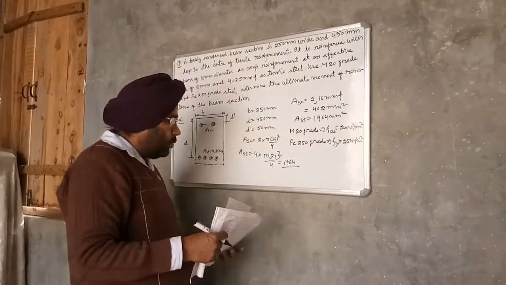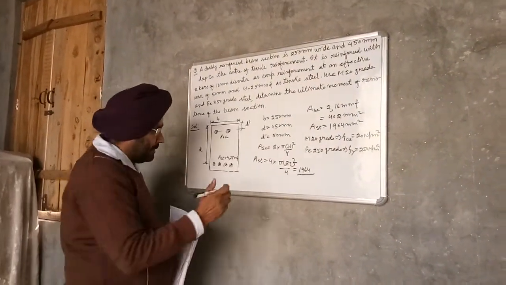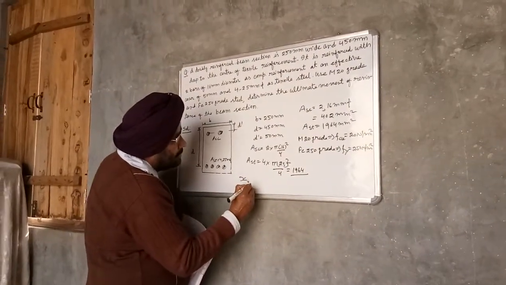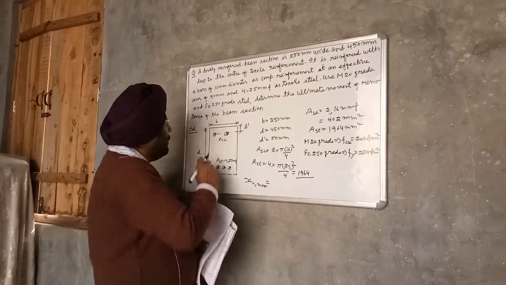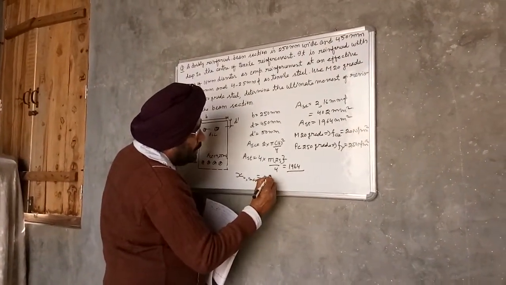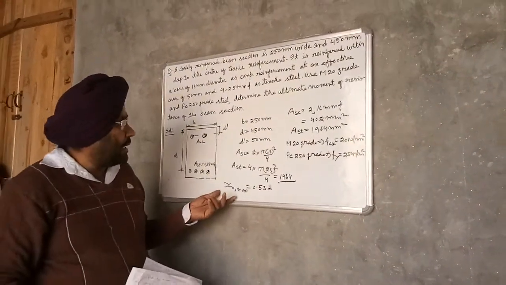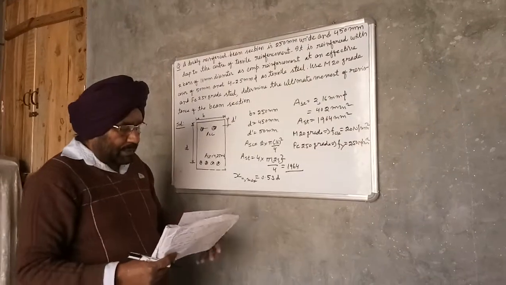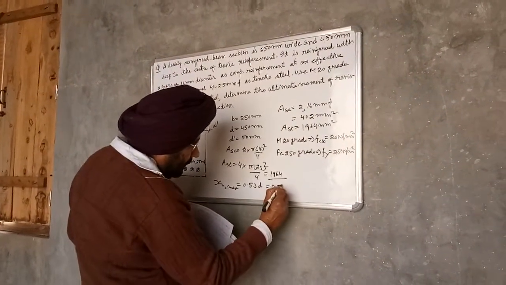So first of all, we will determine the maximum depth of the neutral axis, Xu max. So Xu max, maximum depth of the neutral axis for Fe250 grade steel, is 0.53d. This formula is used to determine the maximum depth of the neutral axis for Fe250 grade steel. So this is 0.53 into d.